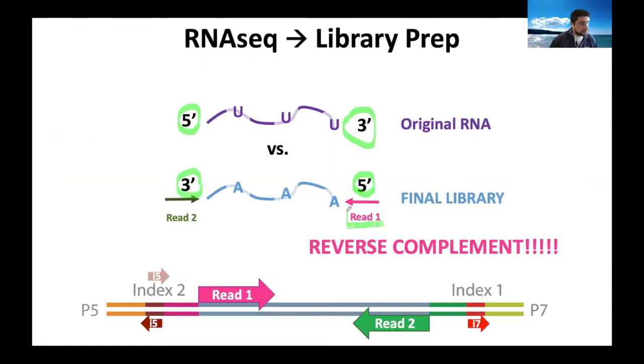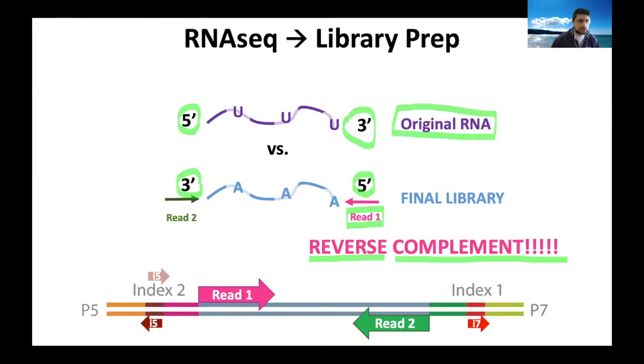Just because your read 1 adapter always ends up on the opposite side of the 5' end of your original RNA, okay? You can try to draw it yourself, and you'll see that when you have a stranded type of library preparation, the read 1 is always giving you the reverse complement of the original strand of the RNA, okay?